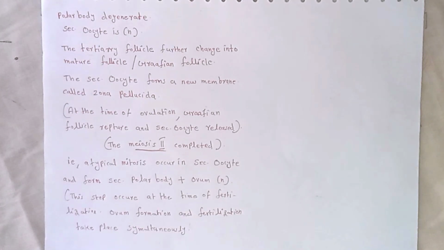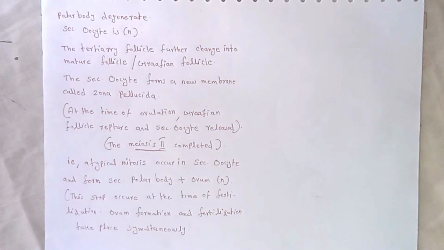The product of meiosis 1 is two cells, one polar body and one secondary oocyte. This division is unequal. The polar body is minute and a somewhat larger secondary oocyte is formed. The polar body degenerates. The secondary oocyte is haploid. The polar body may or may not divide or perish.